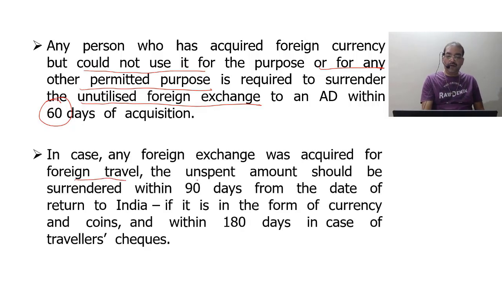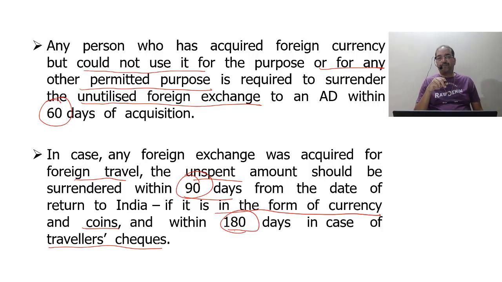Foreign travel, unspent amount: 90 days if it is in the form of currency and coins, 180 days if it is in the form of traveler's checks. Clear? Absolutely clear.